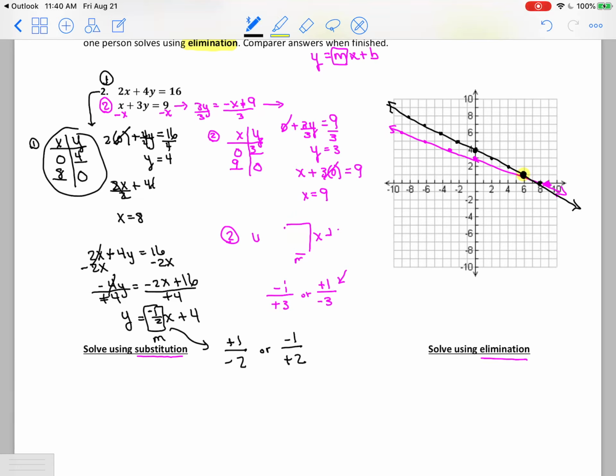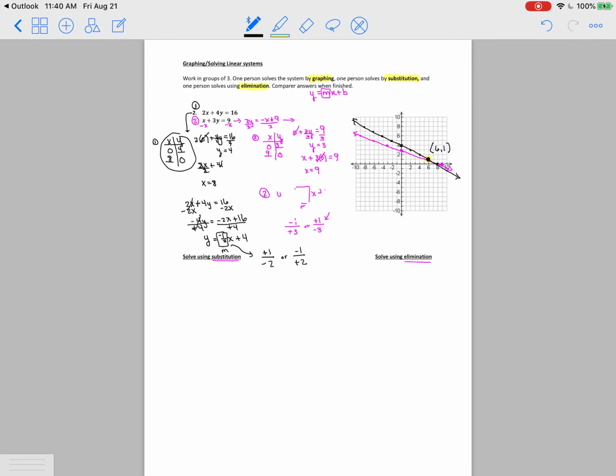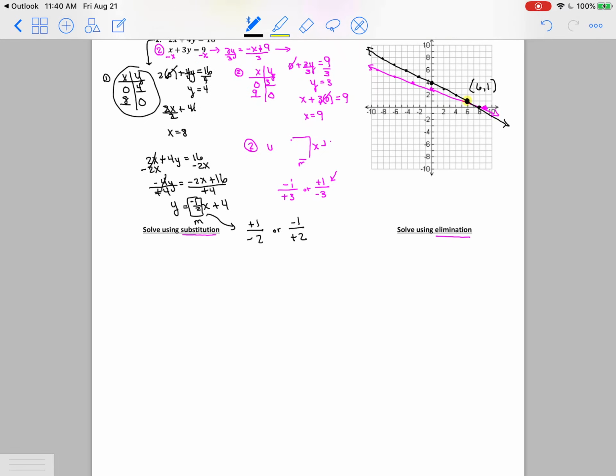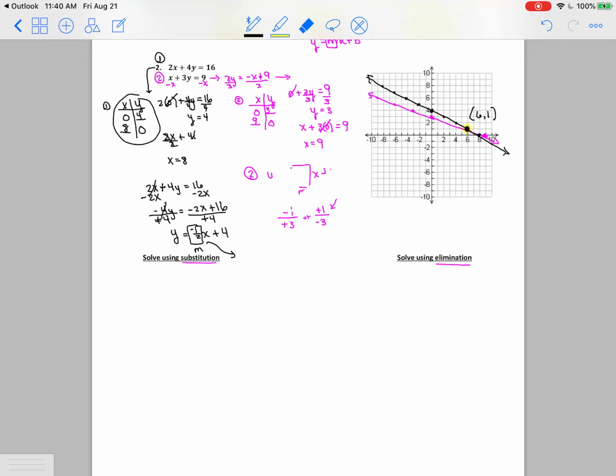So according to this graph, we see that our intercept is at 6 on my x and 1 on my y. Okay, so we have solved this system graphically and said that that's where those two lines intersect. Okay, so let's actually come down here and try the substitution method. Make sure that we're getting exactly the same answer.